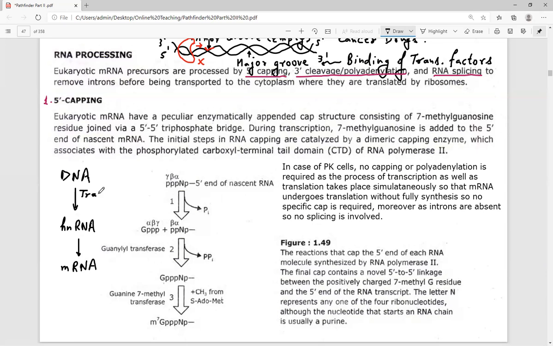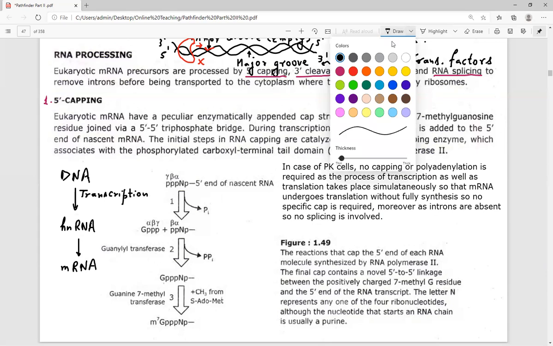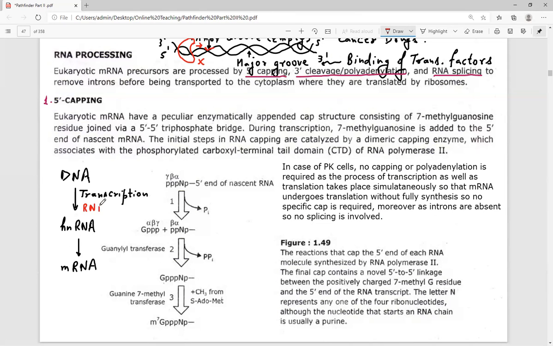This is transcription. And transcription takes place with the help of the enzyme RNA polymerase. Whereas hnRNA gets converted into mRNA with the help of a spliceosome complex.